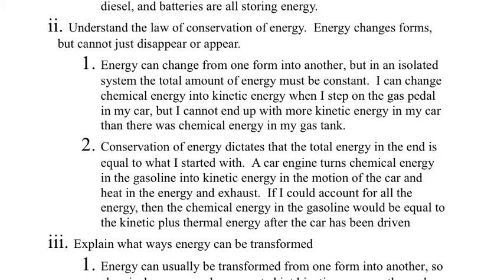It can convert that to kinetic energy by rolling down the hill, and also maybe heat by bouncing into things and crushing them. But the total amount of energy, if you could keep track of all those little bits of energy that it's losing or gaining along the way, would be constant, and that's what conservation of energy says.